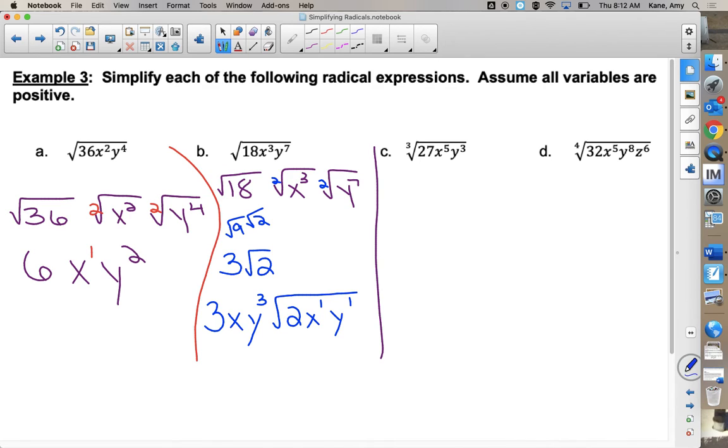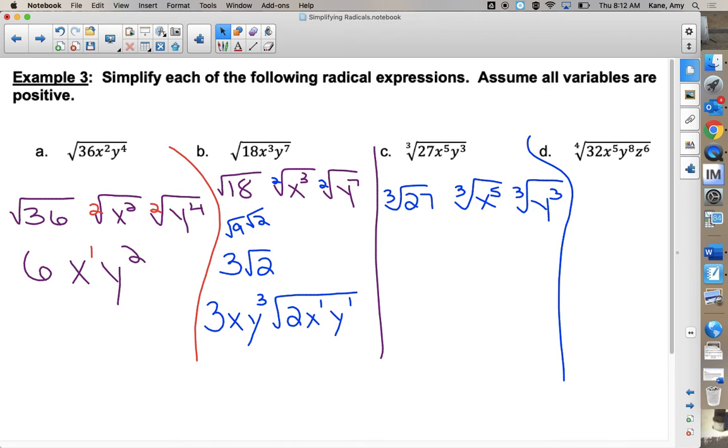So looking at the next one, we're going to try and think about it the same way. If it helps you to separate them, it's okay to have them separate. So thinking about each piece. So the first part, the cube root of 27, the number's going to be easier to think about because it's a number. So Nina, what is the cube root of 27? 3.